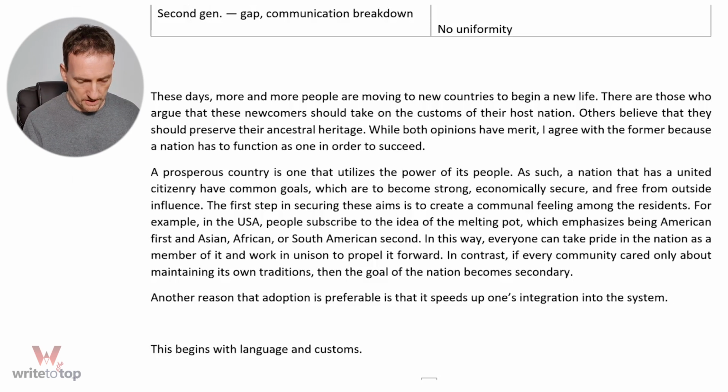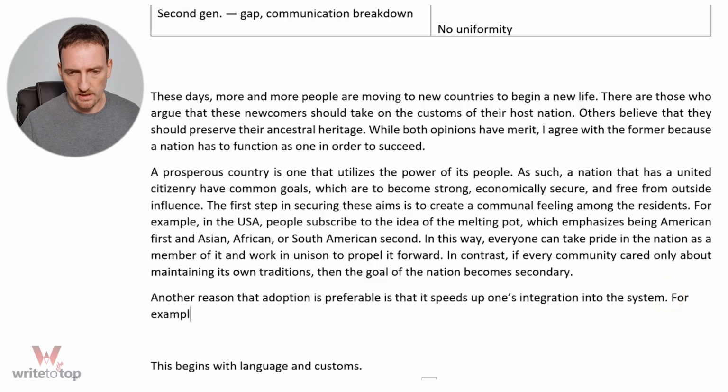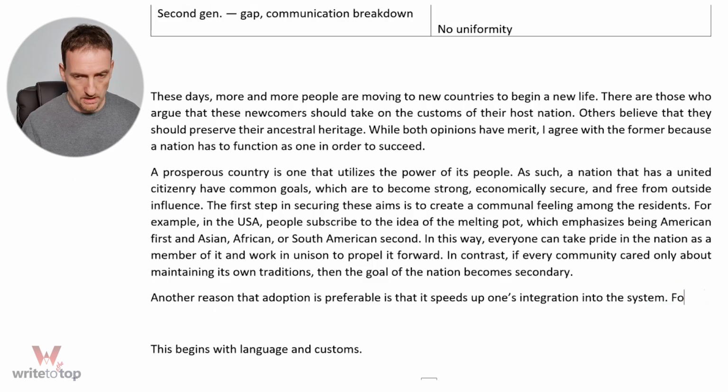I'm going to talk about integration into the system, which is basically assimilation. You want to speed it up so that you can get along with everybody and be successful in this country much more quickly. I'm not going to use an example yet.